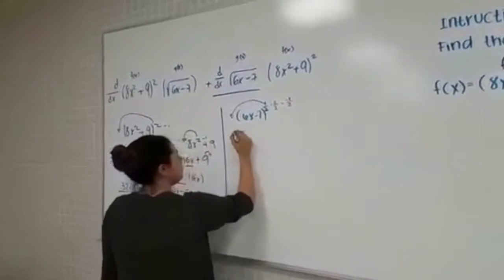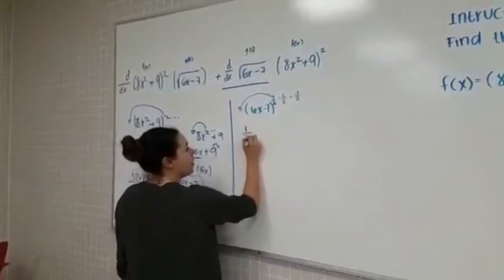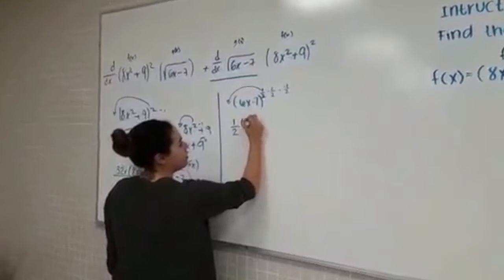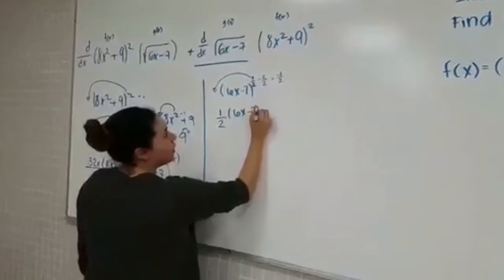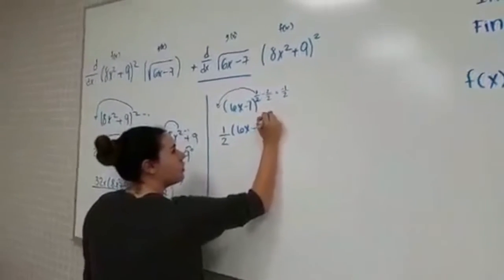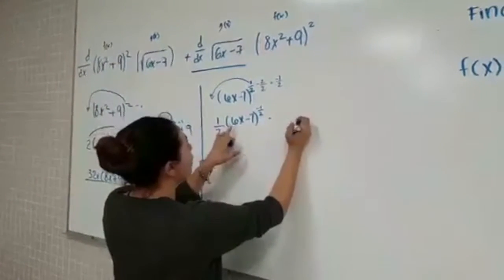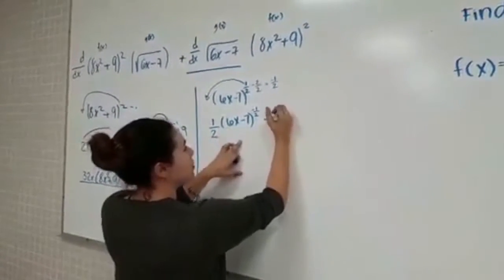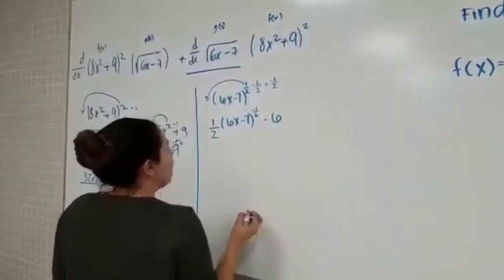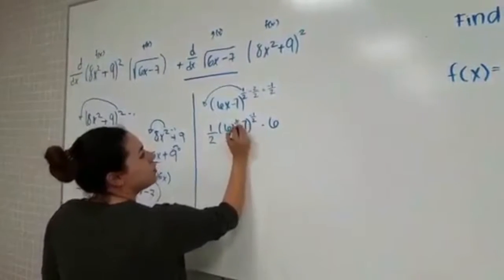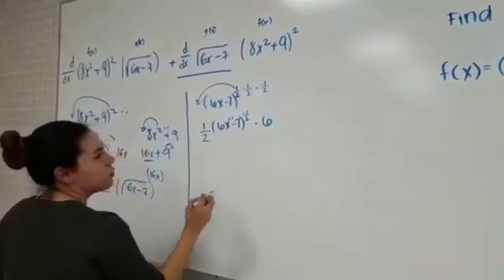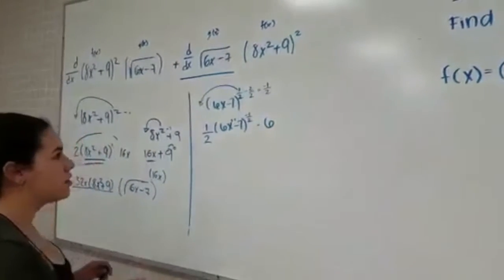So here you'll have 1/2 times the value in the parentheses and the new exponent. Then you'll have to multiply all of this by the derivative inside the parentheses, that will be 6. Because here it's 1 minus 1, so the x goes away and you'll have just the 6.